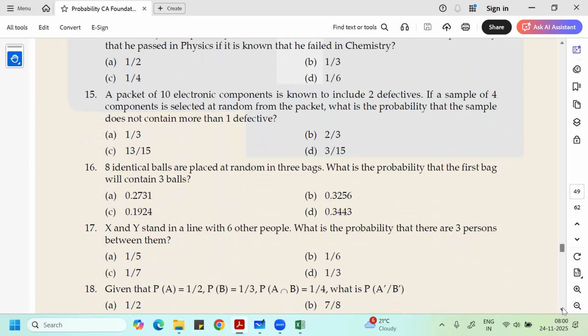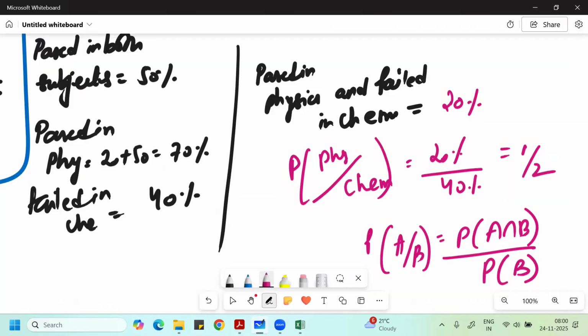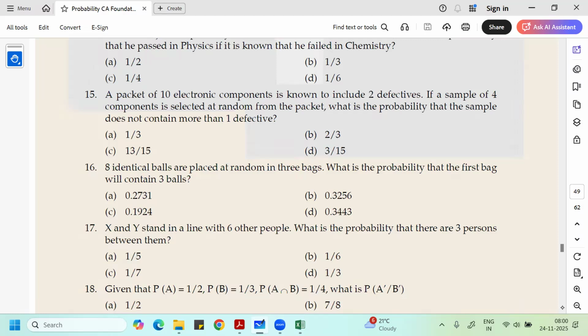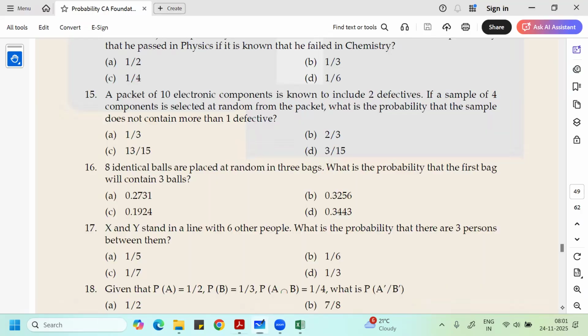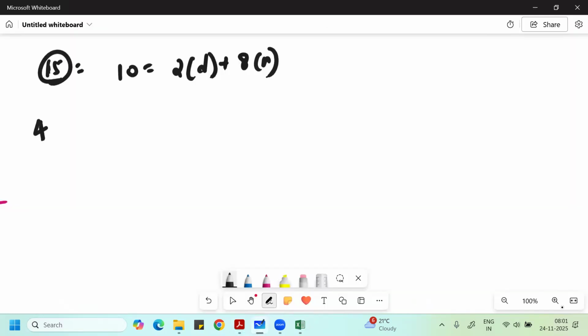Question number 15. A packet of 10 electronic components is known to include two defective and 8 normal.